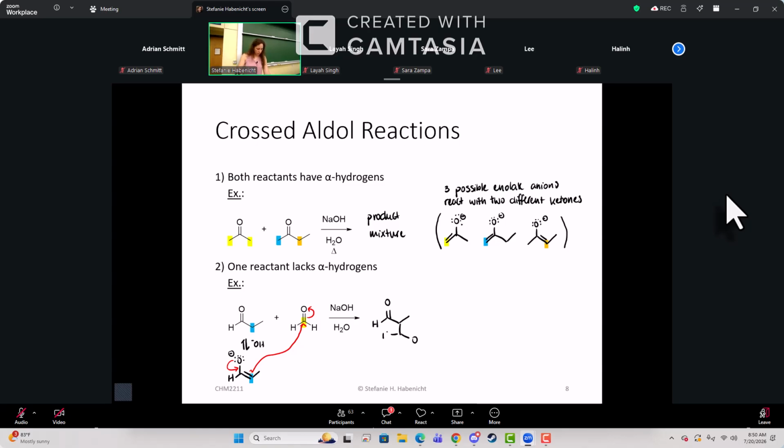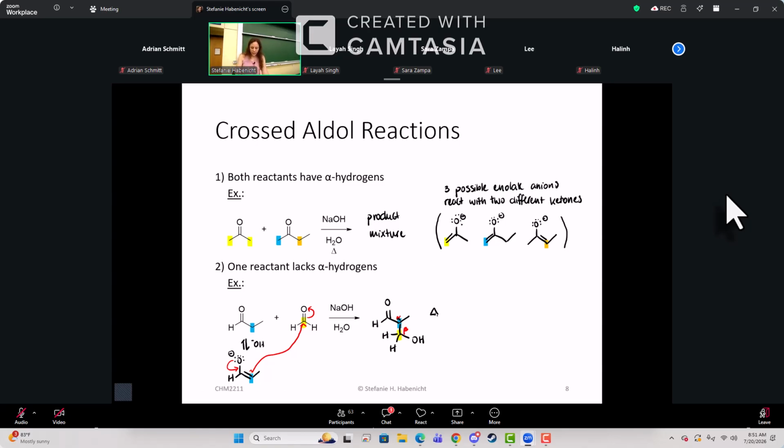So first, the enolate anion formed from propanal attacks formaldehyde, forming a tetrahedral intermediate. The hydroxyl oxygen will initially have a negative formal charge. I've already attached the proton, so there's our aldol addition product. I don't want to draw a complete mechanism here. The aldol addition product, or beta hydroxyaldehyde.